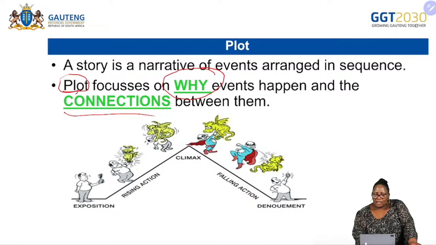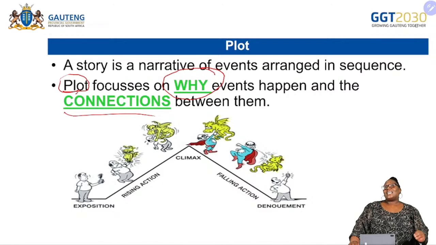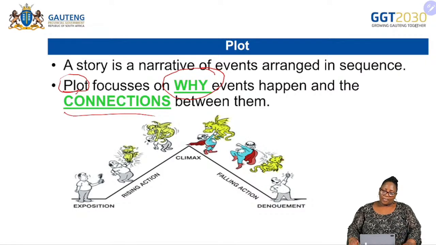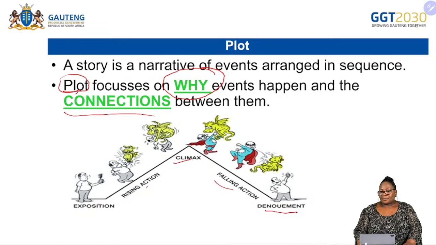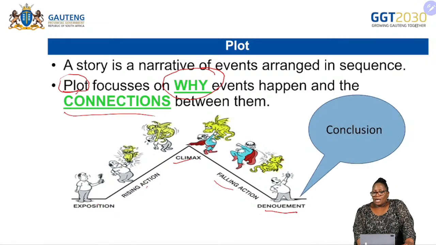So we have the following important steps when we deal with a story or a drama or a short story. It will be your exposition, your rising action, climax, falling action, and denouement. Our denouement is our conclusion. Exposition is where the story starts.